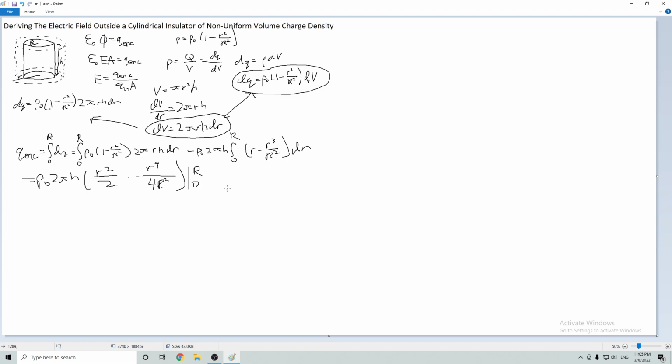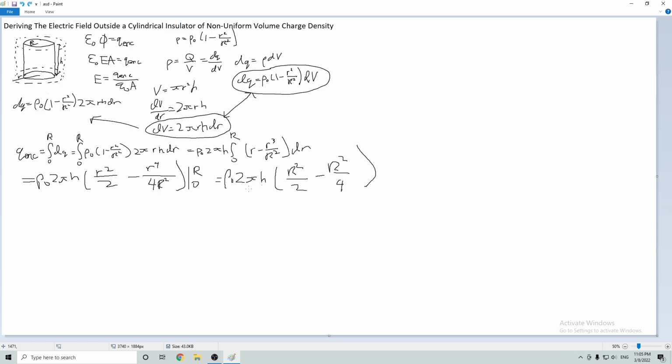We plug big R into here. We get rho naught 2 pi h, big R squared over 2 minus big R squared over 4, right? Because if you plug big R in here, it becomes big R to the 4th, but there's a big R squared in the denominator, so it cancels out and becomes big R squared.